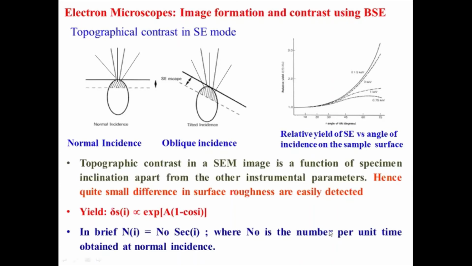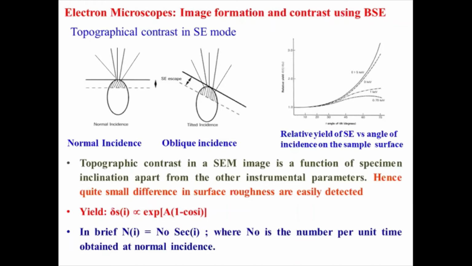So here you can see there are two particles. One is vertically oriented and another is in a tilted condition. So in case of normal incidence, you have the secondaries going in a cosine law, but when you have a ditch or when you have a corner like this, then the surface normal is in this direction. The beam comes in this fashion, but there is a curvature.